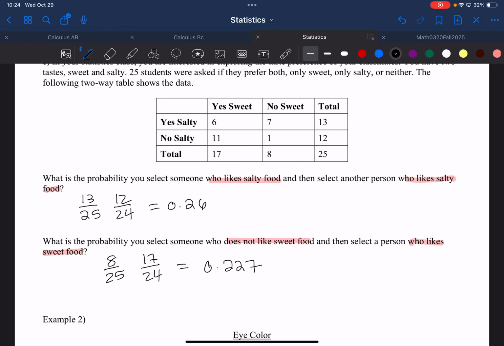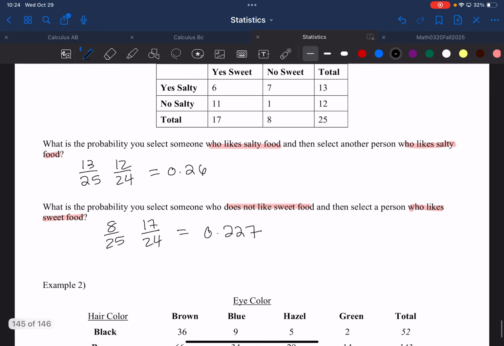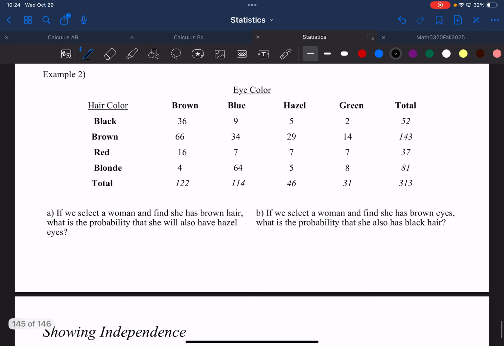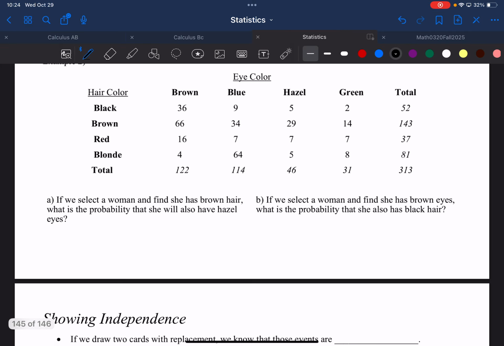So now let's look at an example using conditional probability. We are given a data table filled with hair color and eye color. It says if we select a woman and find she has brown hair, what is the probability that she will also have hazel eyes?